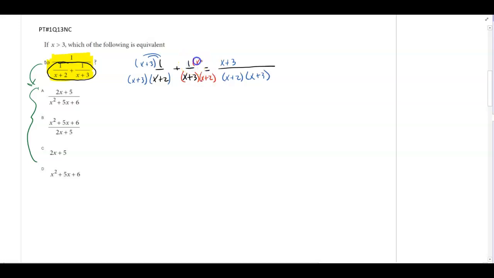So I'm going to multiply the numerator by x plus 2. 1 times x is 1x. 1 times 2 is 2. And now, if I simplify my numerator, x plus x is 2x. 3 plus 2 is plus 5, all over x plus 2 times x plus 3.